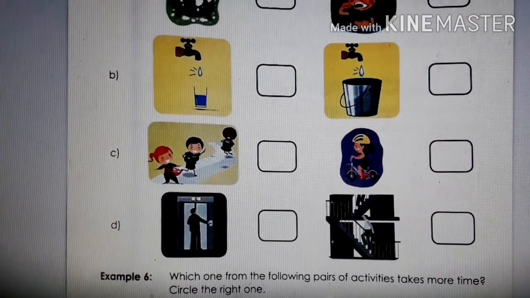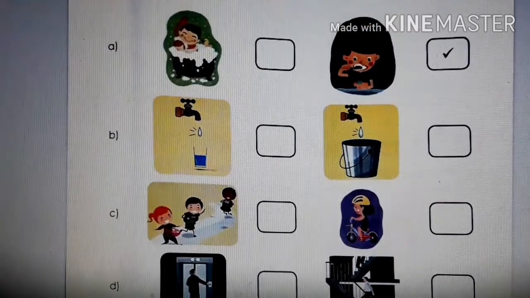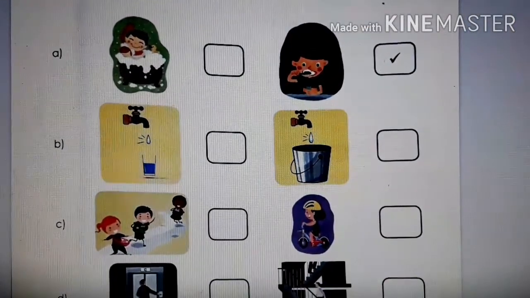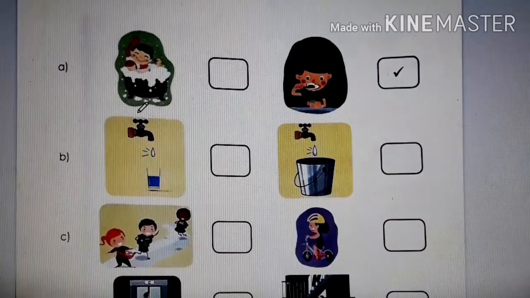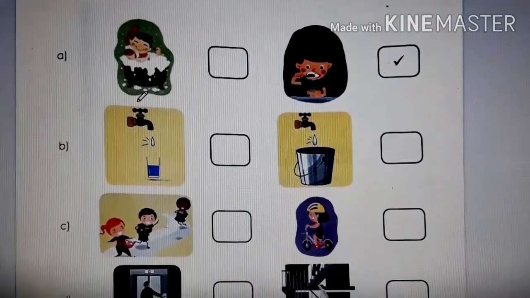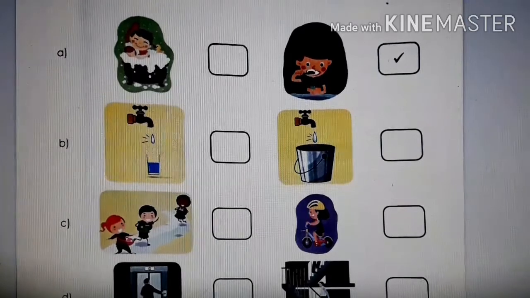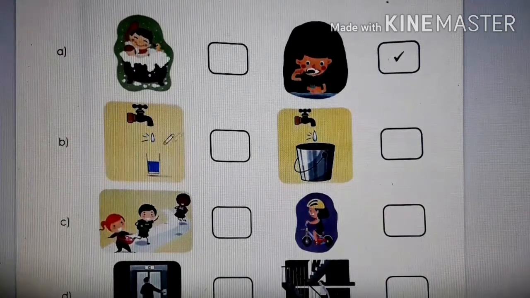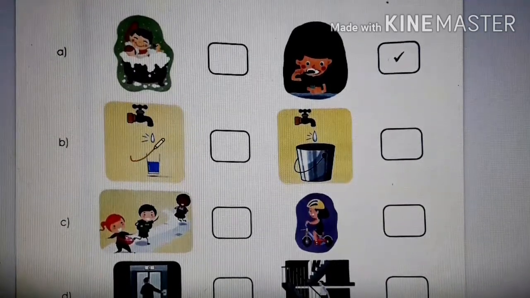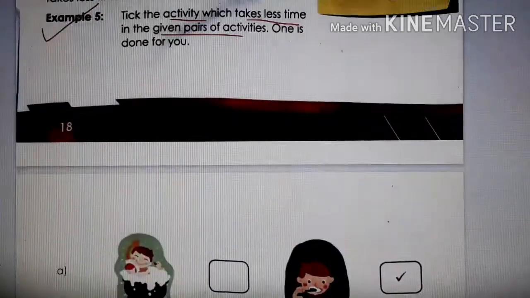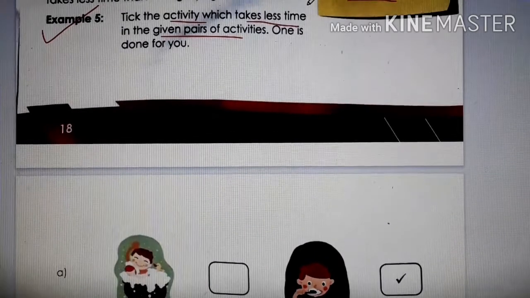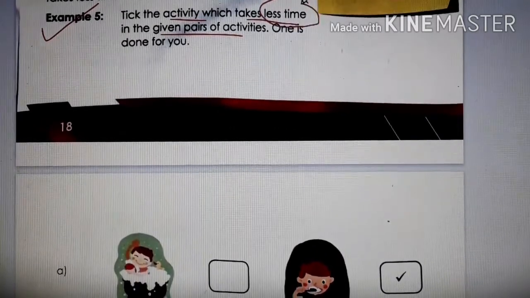Can you see some of the activities are given here? Can you tell which activity will take more time? Here it is asked which activity will take less time. Okay.